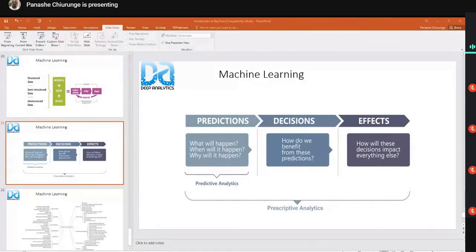And how would these decisions impact everything else? So when you're talking of prescriptive analytics, we look at the predictions, the decisions, and the effects.